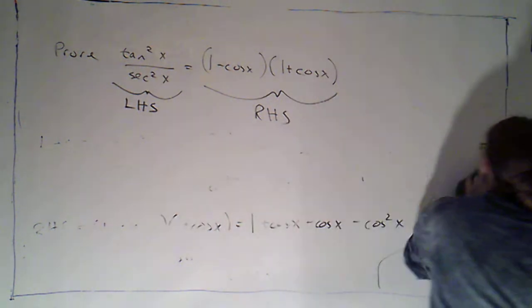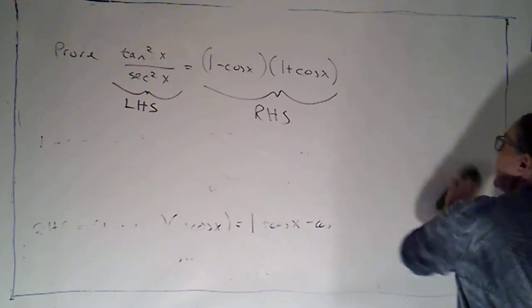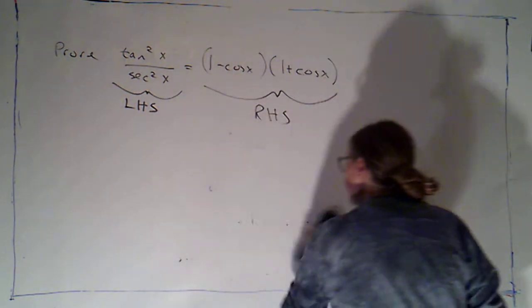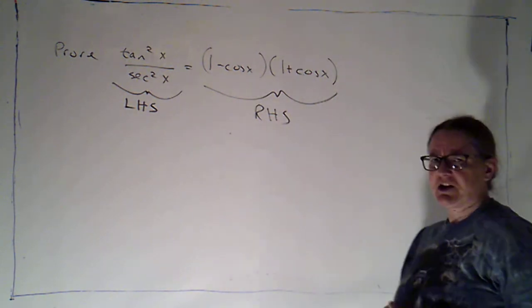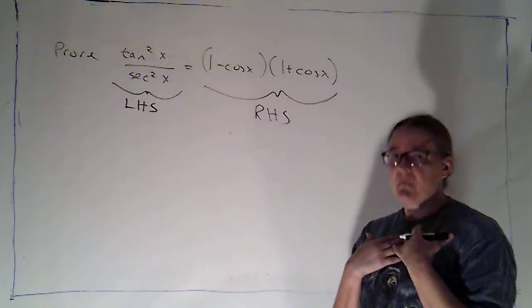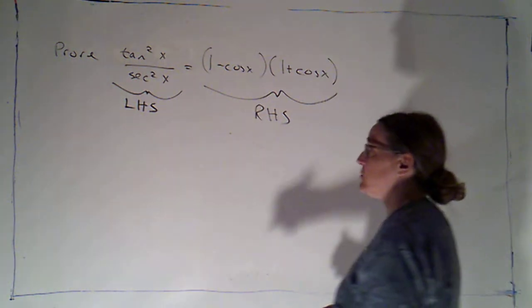Now, I want to show you one thing that some of you may have seen people do, and a lot of people do this, and it's really just sloppy notation. So I want to tell you that it's not acceptable in my class. Some teachers will accept this. I don't.